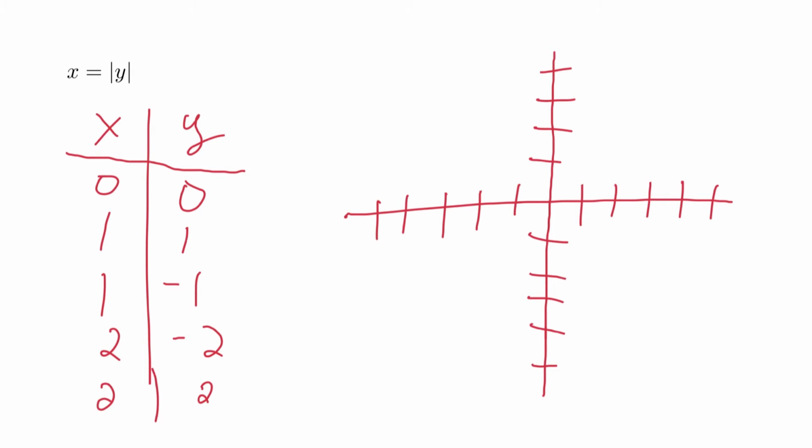So let's just start plotting some of these points. 0, 0, 1, 1, 1, minus 1. So I get the familiar V shape, but rotated. So now the V is sort of straddling the x-axis instead of straddling the y-axis the way it did for y equals absolute value of x.